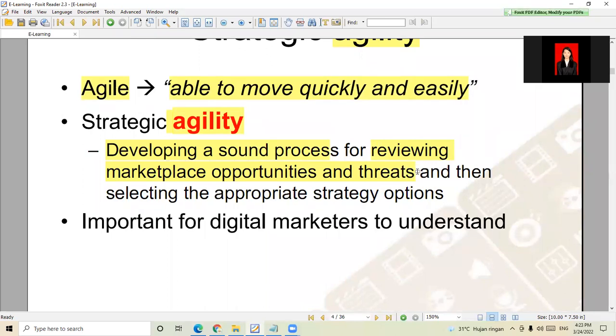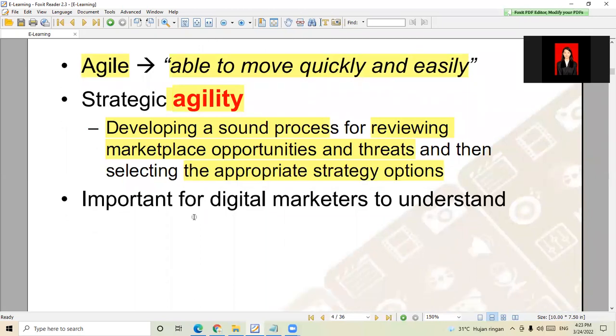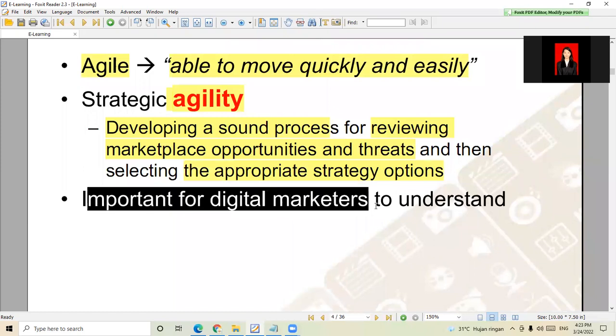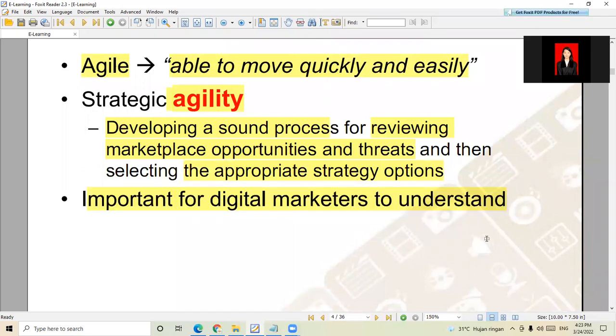Based on this, we can select the appropriate strategy options. And this is very important for digital marketers to understand.